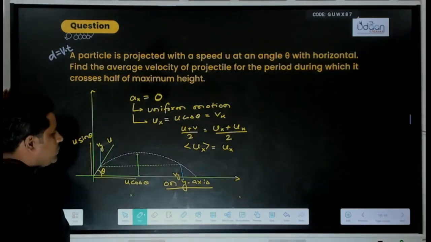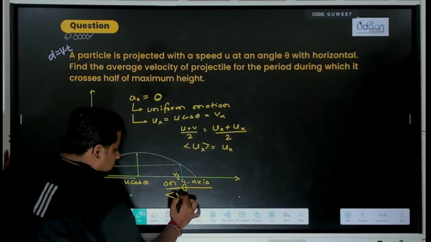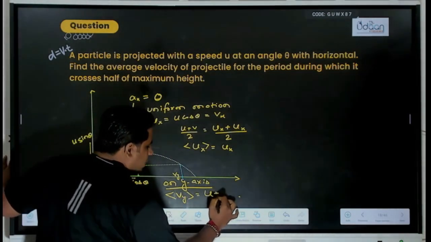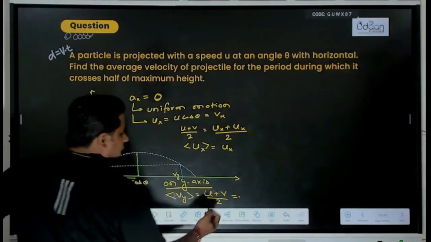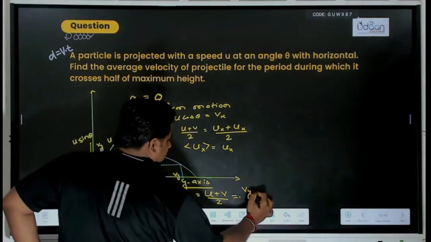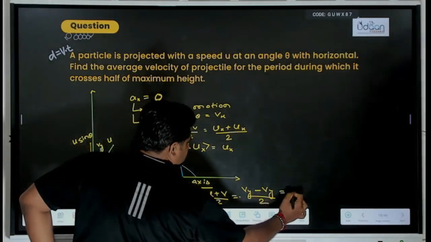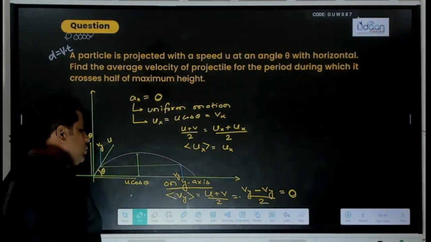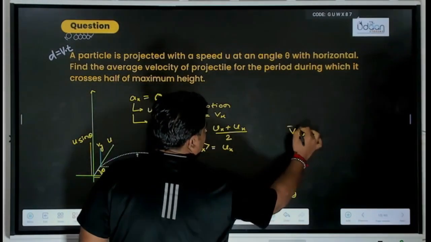Alright, very good. So the average value of velocity in y direction will be (u plus v) by 2. What was u? It was Vy. And later it is minus Vy, so it becomes minus Vy by 2, so it becomes 0. Very good. So the average value of velocity, what will you write?